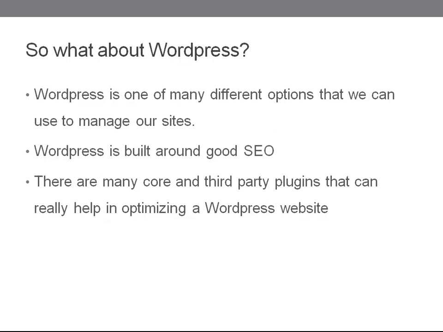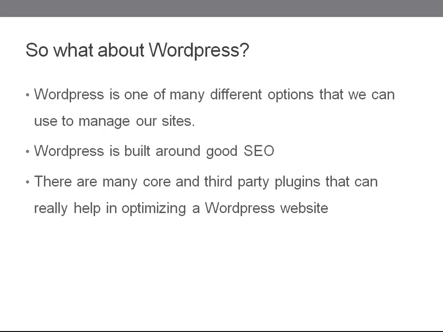So what about WordPress? WordPress is one of many different options that we can use to manage our site. There's other content management systems like Joomla, Drupal, but WordPress is definitely one of, if not the best CMS to use in terms of SEO. WordPress is built around good SEO.